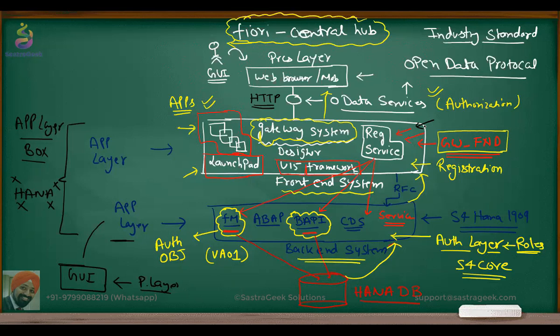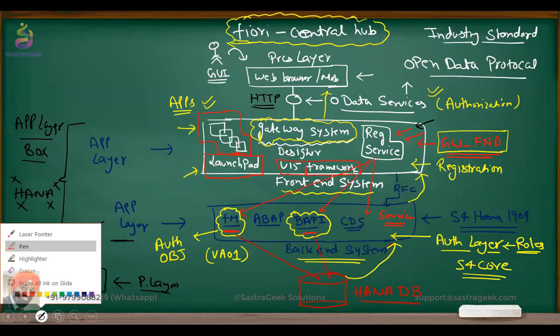Okay, now the second question: if Fiori is not there, then what will be missing? No need. If Fiori is not there, then your architecture would be on the left hand side. Let me denote it with another color of pen.